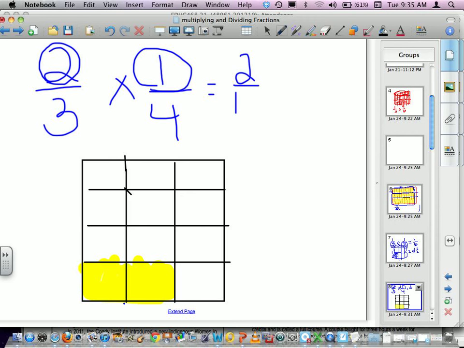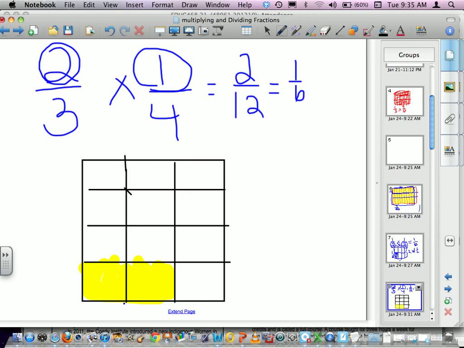But every good mathematician knows that you can't leave it like that, because it can be changed into a fraction with simpler numbers. And what would those numbers be? 1/6. Because we can divide both 2 and 12 by 2.